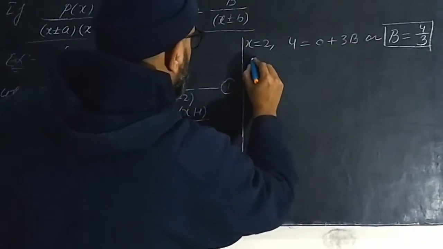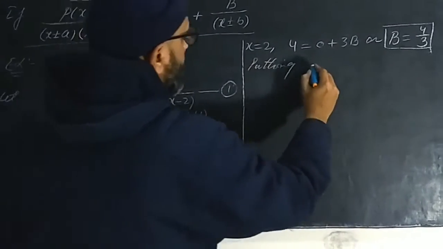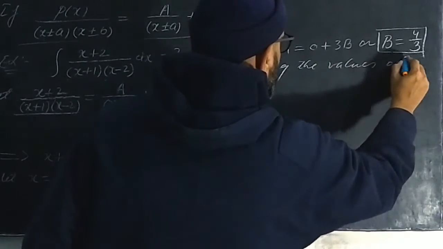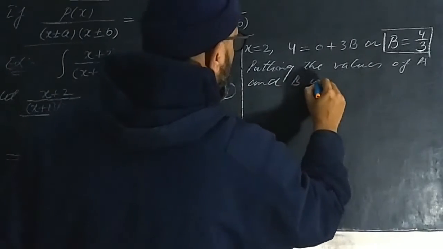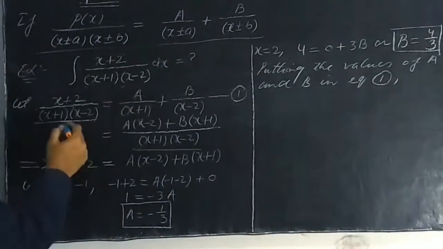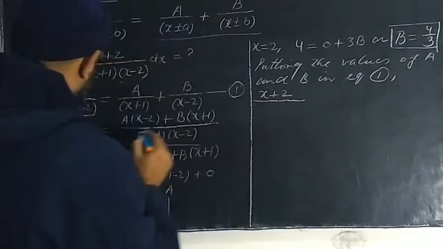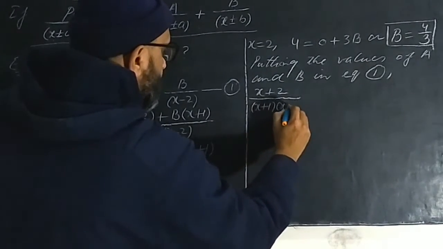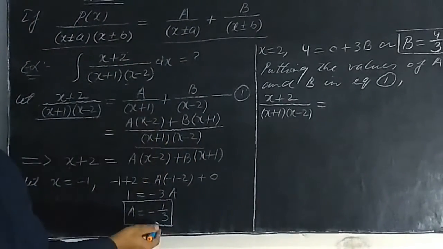So putting the values of a and b in equation 1, we get (x + 2)/((x + 1)(x - 2)) is equal to a/(x + 1) and a is equal to -1/3.